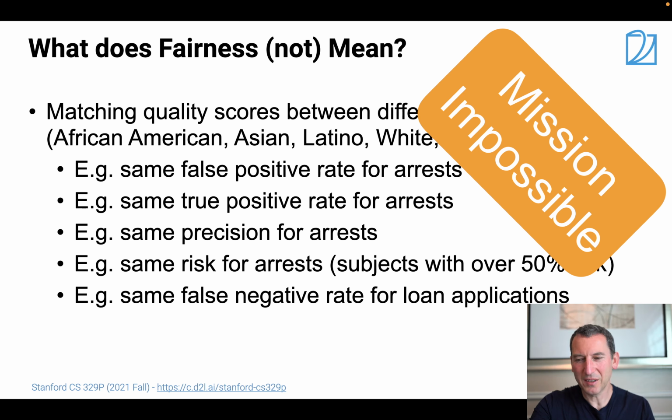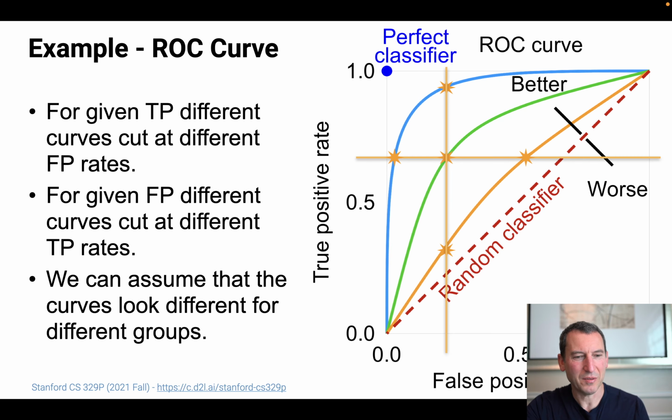Now, there's a lot of really good theorems about that, but before we get into the math, I want to give you a quick picture proof. So let's take the ROC curve, right? So for instance, we could say that for a given true positive rate, right? And a given true positive rate basically just means a certain fraction of arrests should result in contraband found.